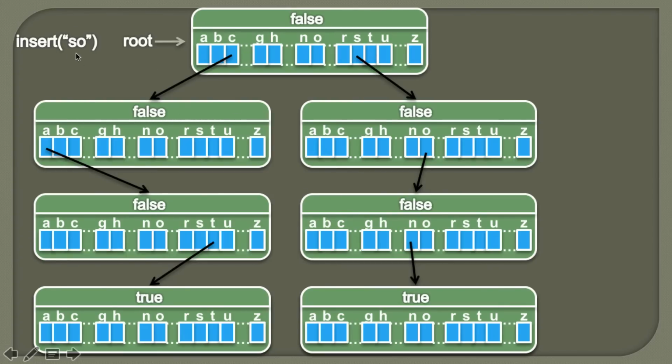So in order to mark that the word so is present in this trie, we'll simply assign a value true, which will signify that this is the end of the word and the word so is present in this trie. So friends, this boolean value is very important, which lets us know whether the particular word is present in this trie or not.